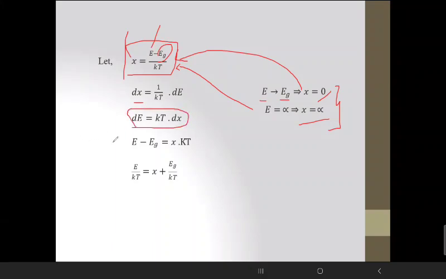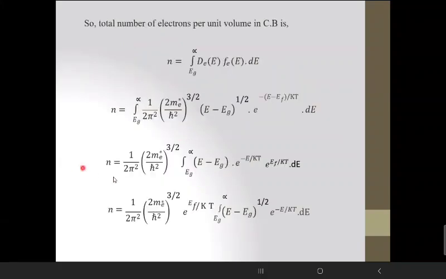And there, E minus Eg is equal to x into kT. So E over kT is equal to x plus Eg over kT. Okay. So what are the things you know here?